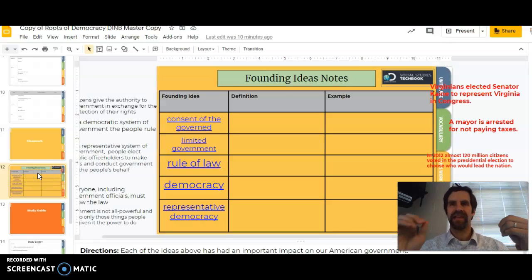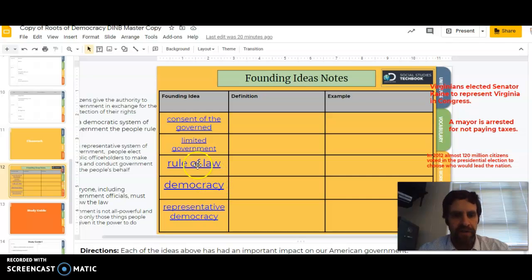So this is really the lesson for the day. This is what we're learning. I really want all of you guys to have a familiarity with the terms consent of the governed, limited government, rule of law, democracy, and representative government.